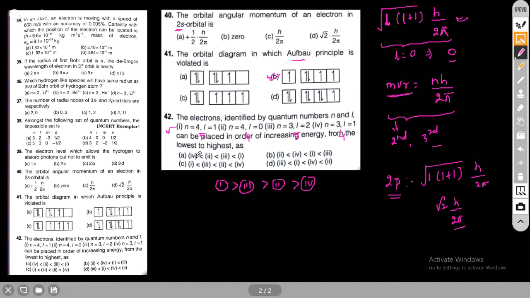First, third, second, fourth. So this is 4p, this is 4s, this is 3d, and this is 3p. Option A is correct in this.